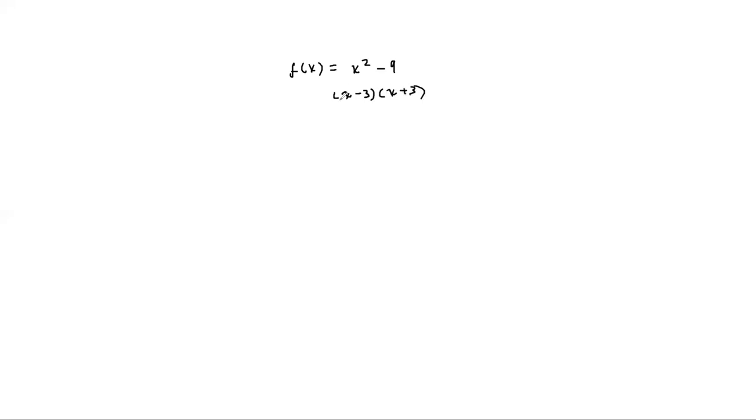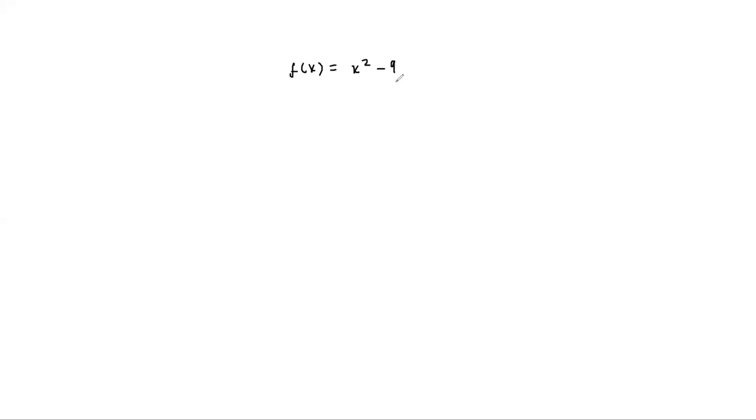And since this is the factored form, then I know that the values of 3 and minus 3 will be my x-intercepts. However, suppose I had a more complicated number, instead of 9, we had 184, okay? But for now, just for the purpose of understanding the quadratic formula, I will just use x squared minus 9.